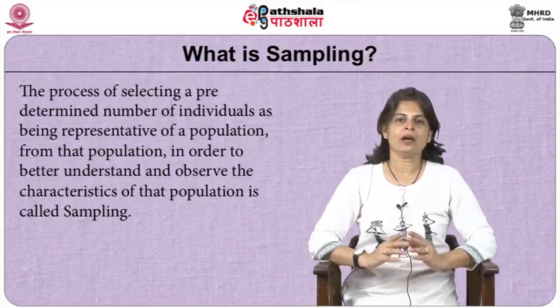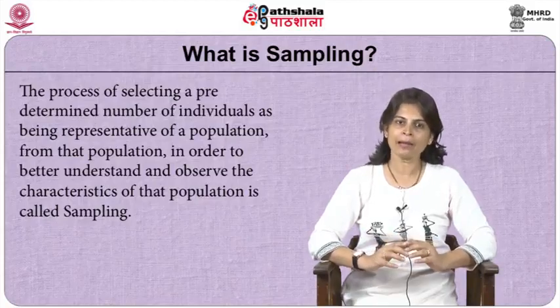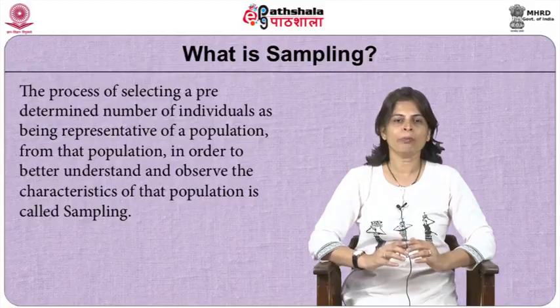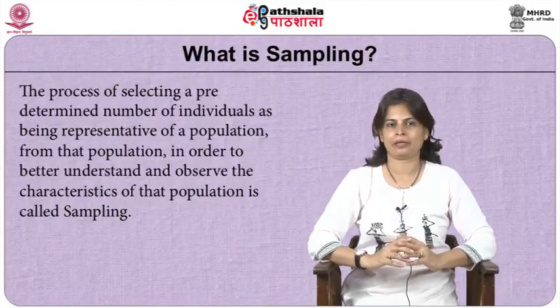Let us try to understand what is sampling. The process of selecting a predetermined number of individuals or units as being representative of a population from that population in order to better understand and observe the characteristics of that population is known as sampling.